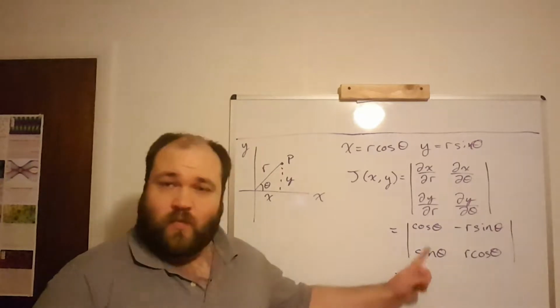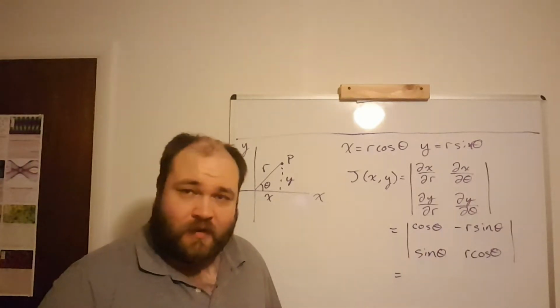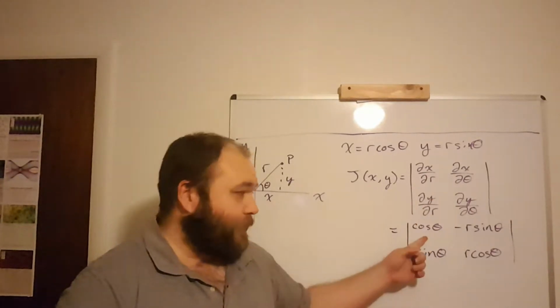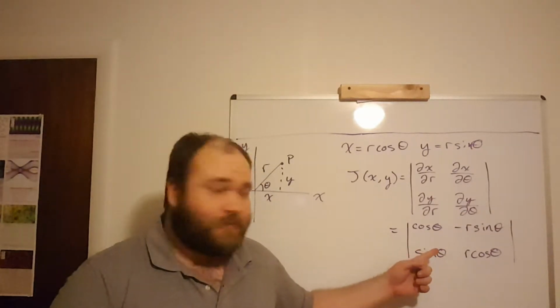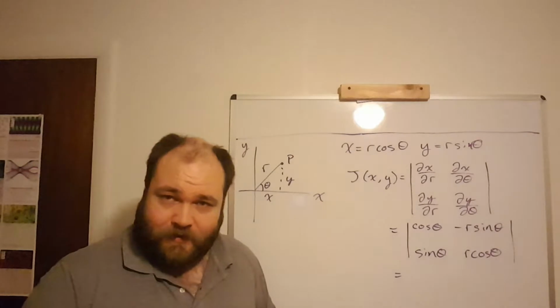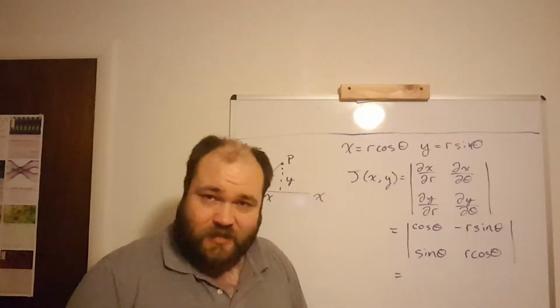And we know from here that now we're just solving for a determinant. So we have r cosine theta times cosine theta, which is going to be r cosine squared theta.